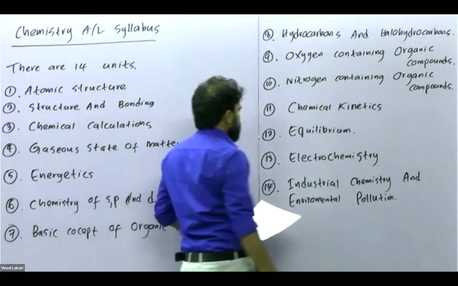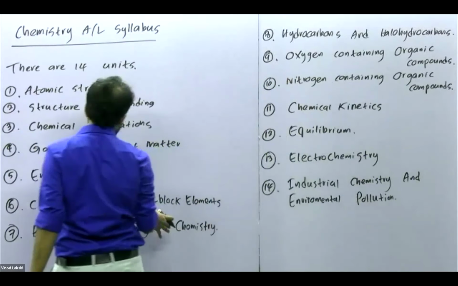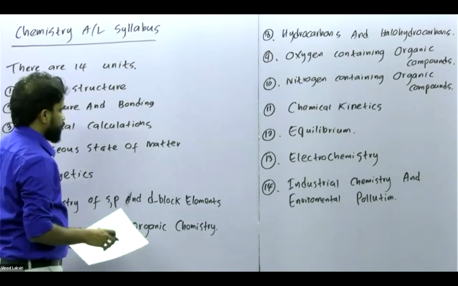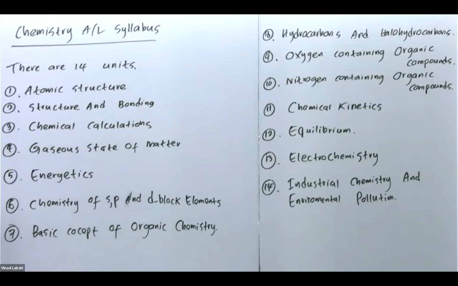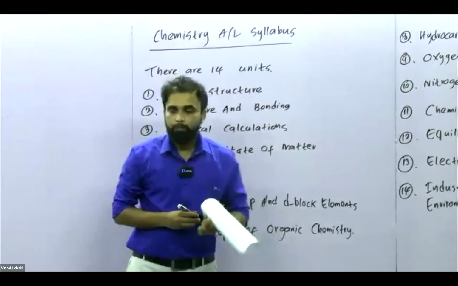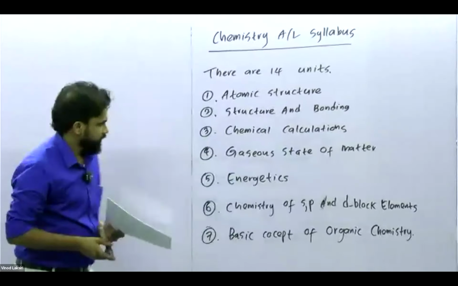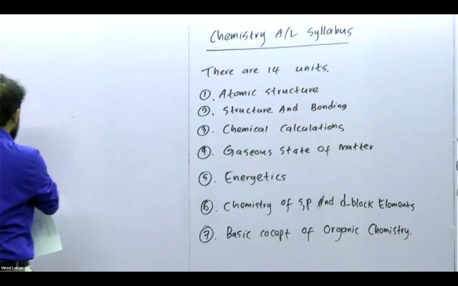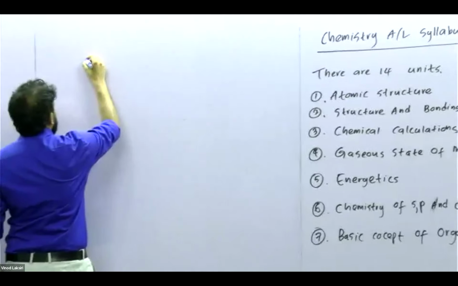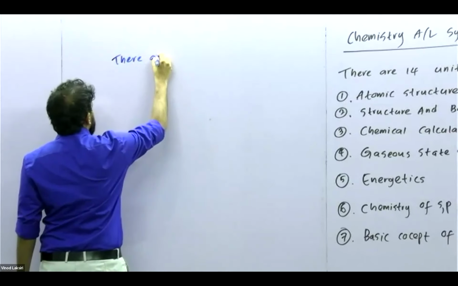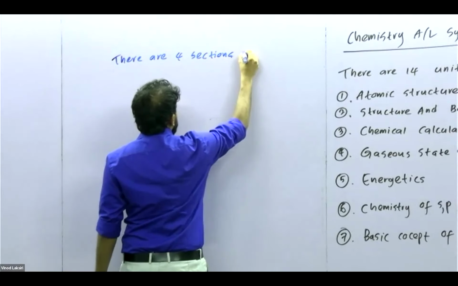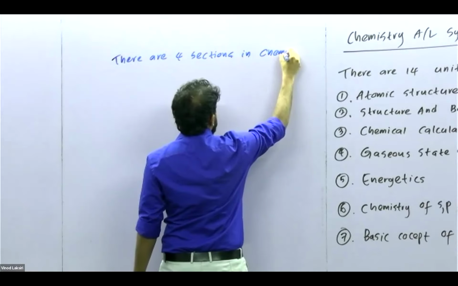And another thing, we can divide these 14 units into 4 main parts, right? That means general chemistry, organic chemistry, physical chemistry, and inorganic chemistry, right? So here I will write down the 4 sections. What are the 4 sections? There are 4 sections in chemistry.